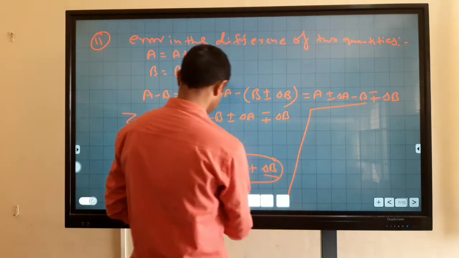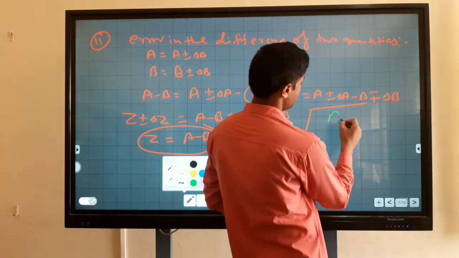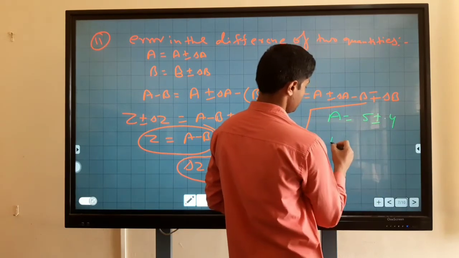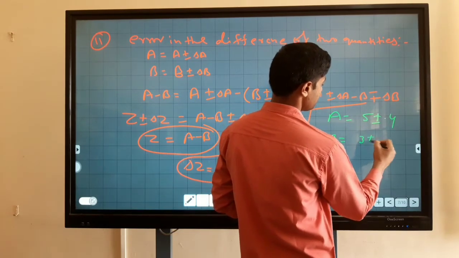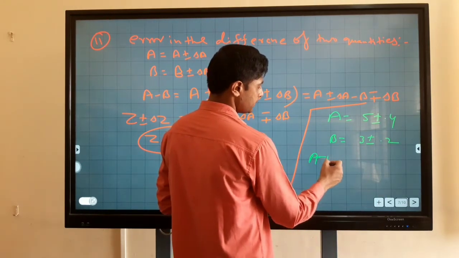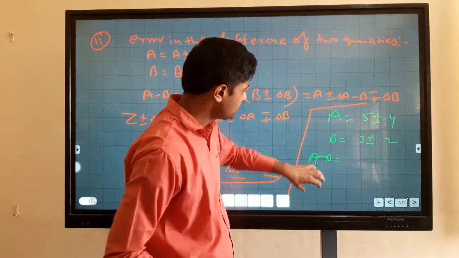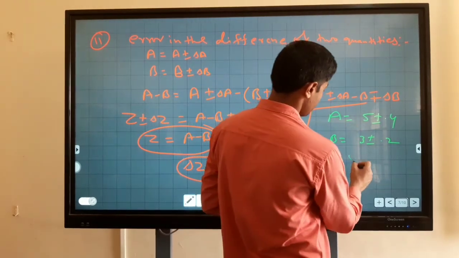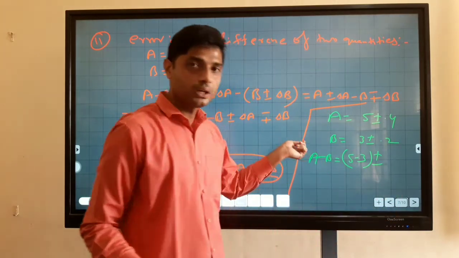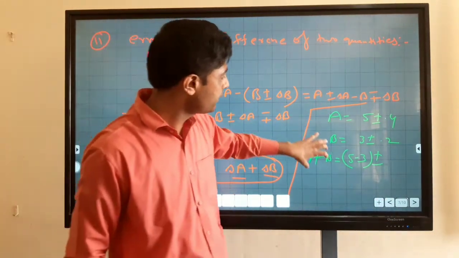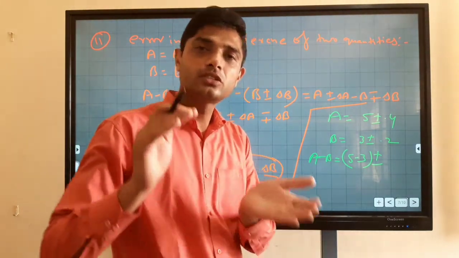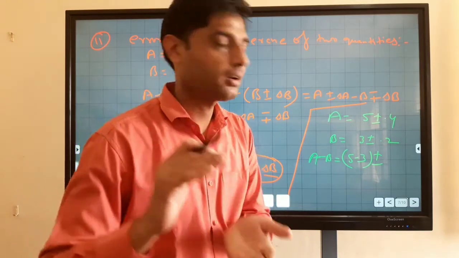Example, like A equal to 5 plus minus 0.4 and B equal to 3 plus minus 0.2, and we have to find the difference A minus B, then 5 minus 3, but in case of difference of error, we have to take the sum of absolute error.